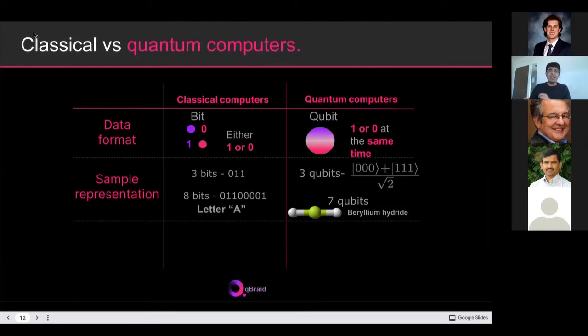And this is a very fascinating property. This is sort of the reason why you get this exponential explosion, where the number of amplitudes or parameters that you need to keep track of in order to perfectly describe the state of a quantum system explodes.